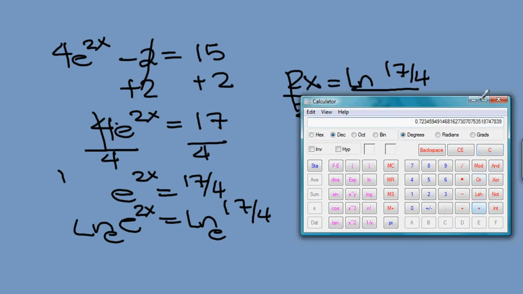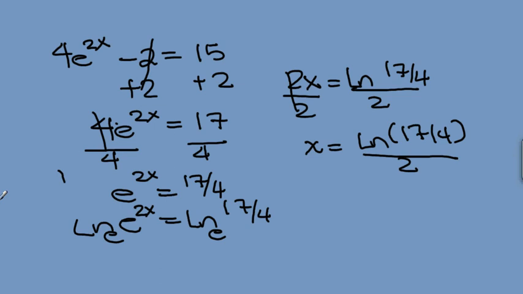And we get 0.723. So now we can say x equals 0.723.